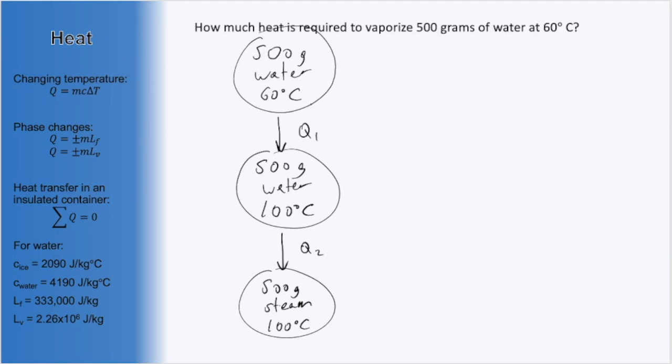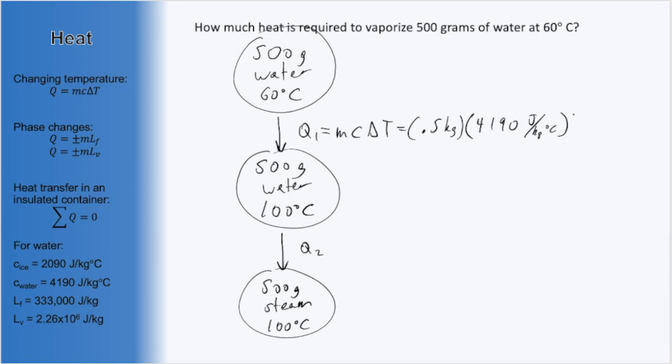To get the heat Q1, I'm taking water at 60 degrees and heating it to 100 degrees. So I will use my changing temperature equation, which is mass times the specific heat times the change in temperature. The mass I know is 500 grams, though I would want to convert that to 0.5 kilograms. Now multiplied by the specific heat. The substance is water, so I will use the specific heat of water, which is 4,190 joules per kilogram degrees Celsius.